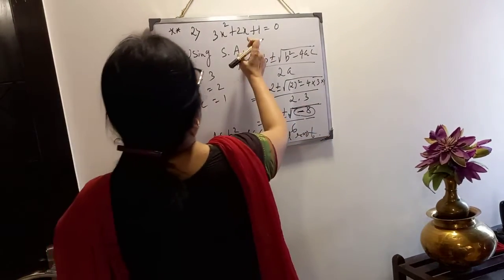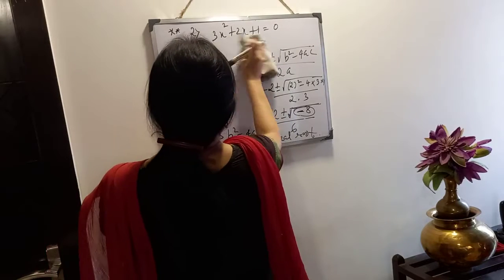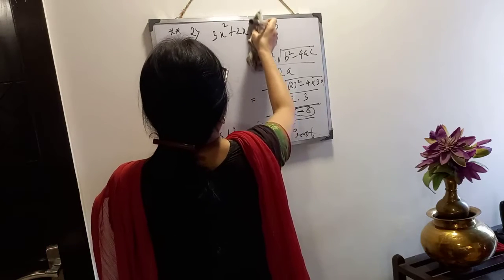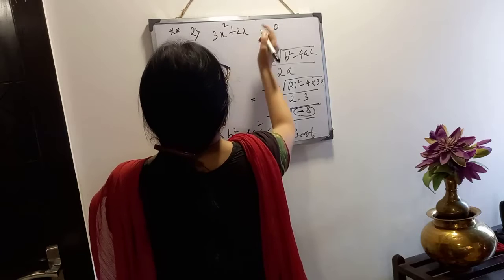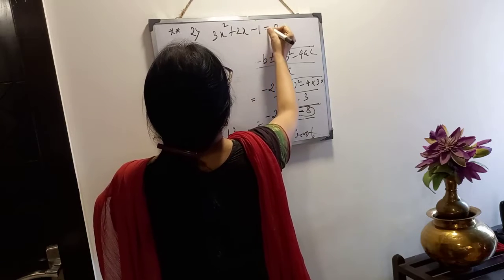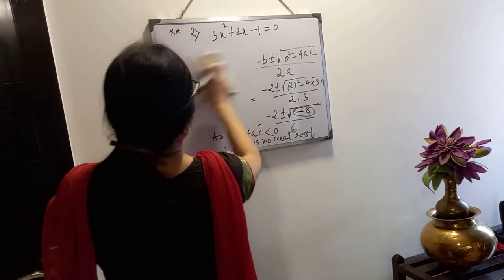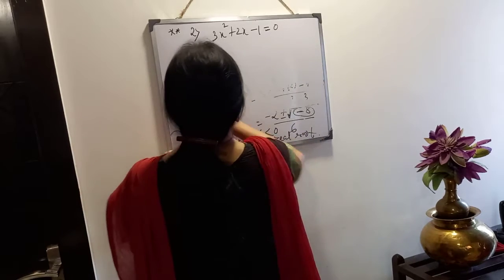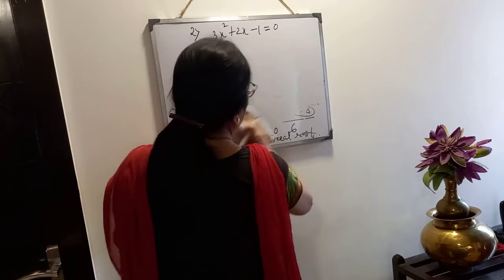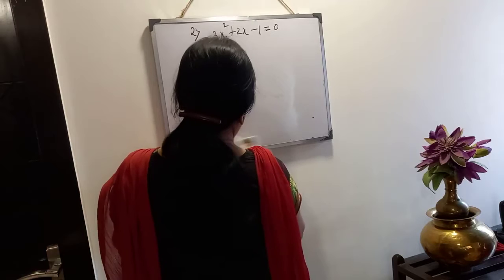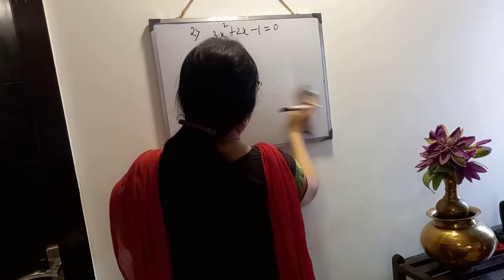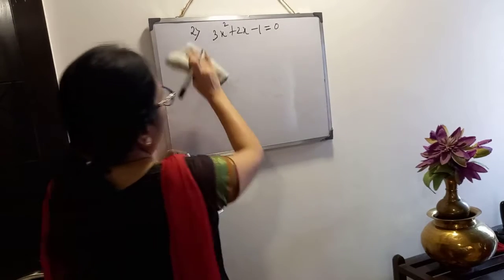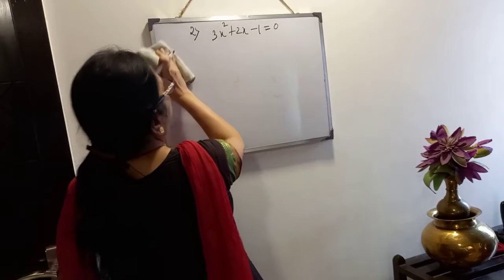But you will practice, you will solve this sum same type. If I will write here minus 1, in place of plus 1 I am writing here minus 1, and you will try in your home, you will solve it, then you will see what is coming. Definitely in that case you will get two values of x. This is your homework, you will try.